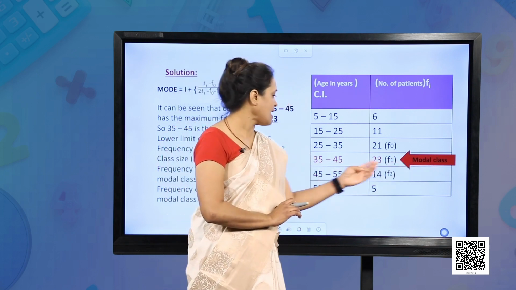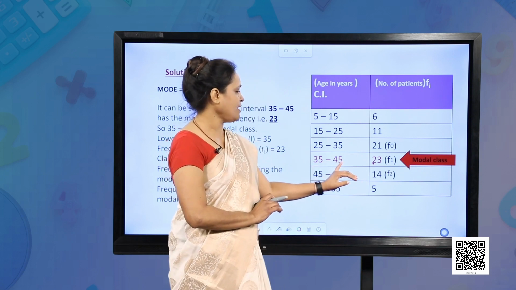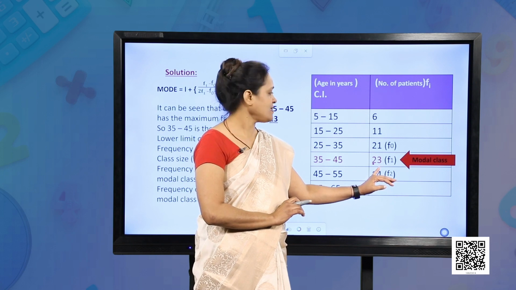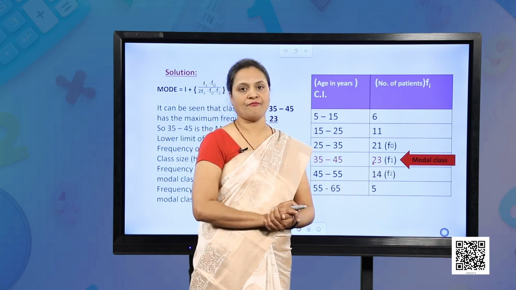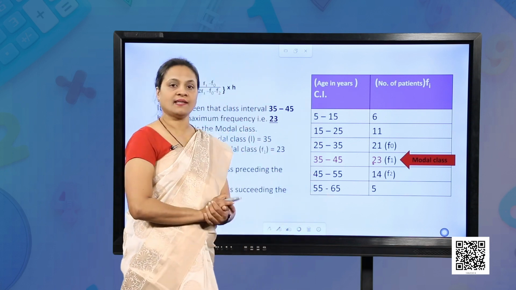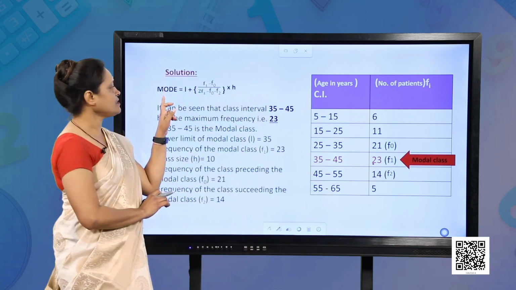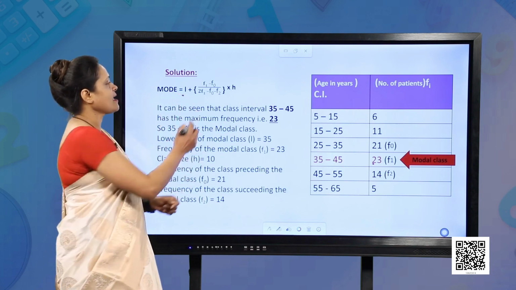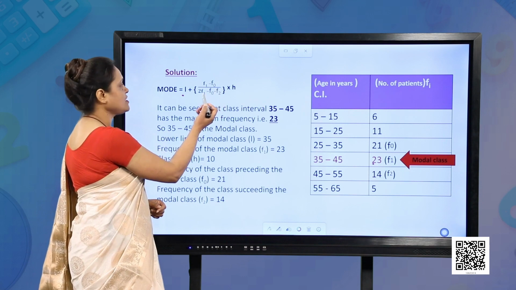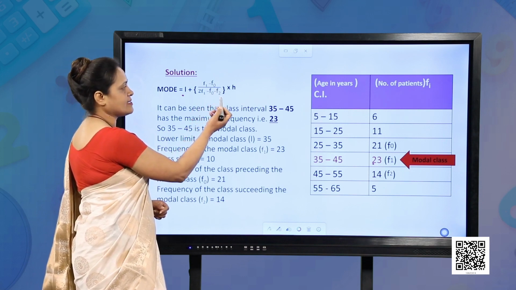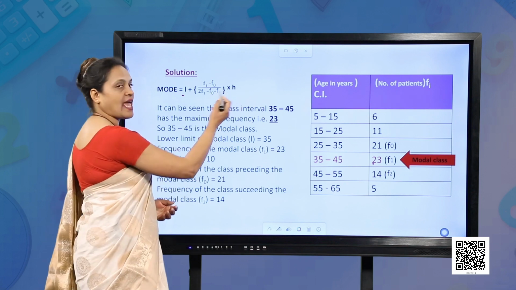So, our modal class is 35 to 45, having frequency 23, and 23 is termed F1. To calculate the mode of this data, we are going to use the formula: mode is equal to L plus (F1 minus F0) upon (2F1 minus F0 minus F2) into h.